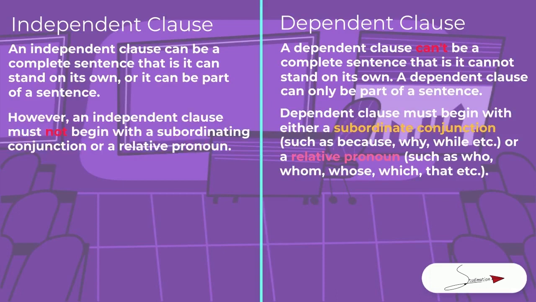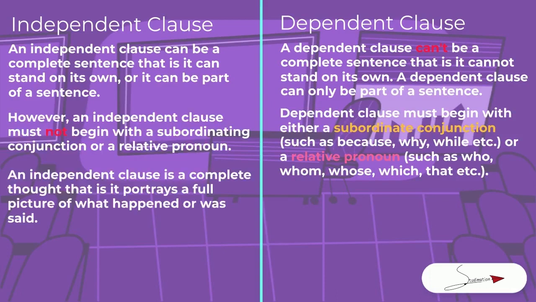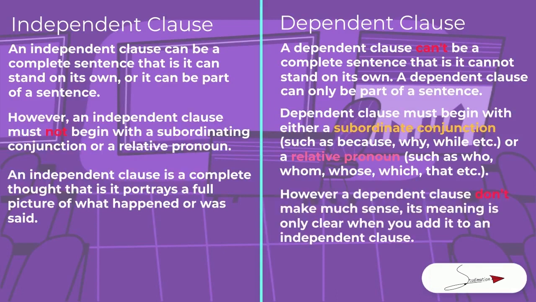An independent clause is a complete thought, that is, it portrays a full picture of what happened or was said. However, a dependent clause doesn't make much sense. Its meaning is only clear when you add it to an independent clause. Now, as we know the basics, let's dive into the main topic.